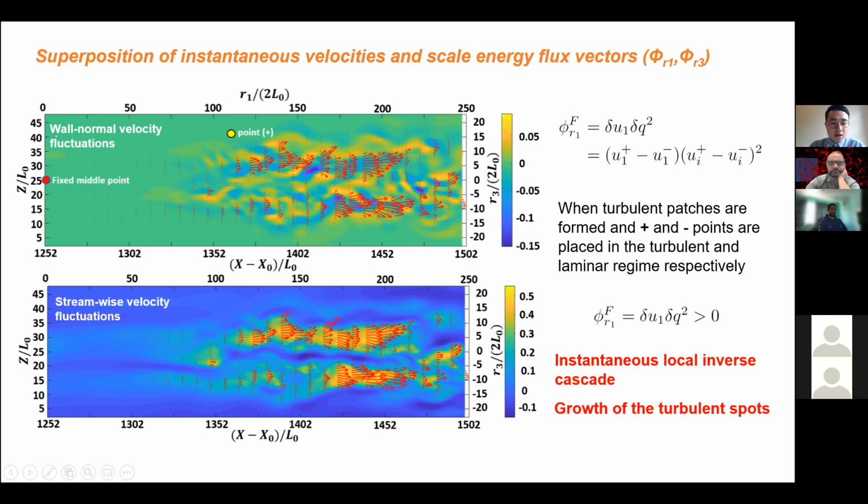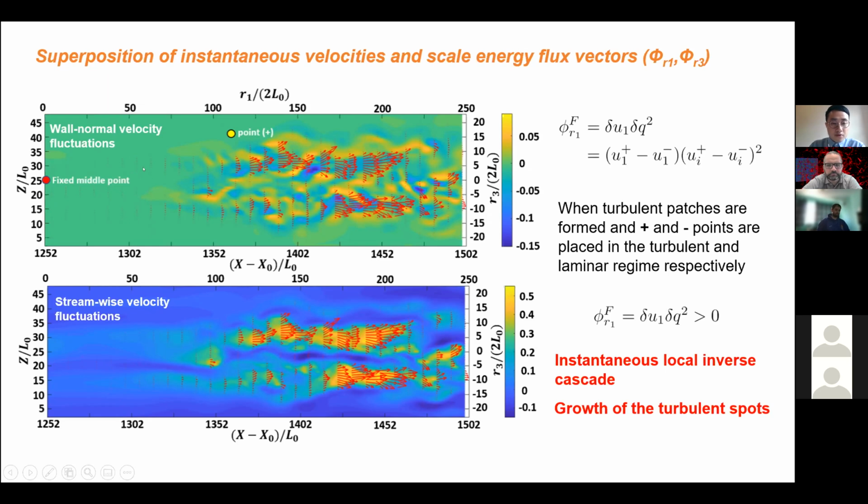In this instantaneous calculation, we fix the middle point here, and any other points within this domain will be the plus points corresponding to here. And the minus points are on the other side, which is not shown here. We can then calculate the instantaneous flux vector as shown by these red arrows.